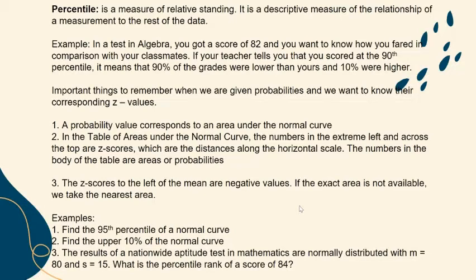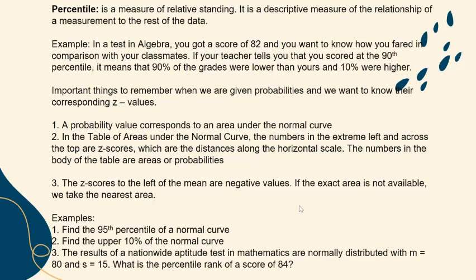So there are important things to remember when we are given probabilities and we want to know their corresponding z value. So first, a probability value corresponds to an area under the normal curve. Second, in the table of areas under the normal curve, the numbers in the extreme left and across at the top are z-scores, which are the distance along the horizontal scale.